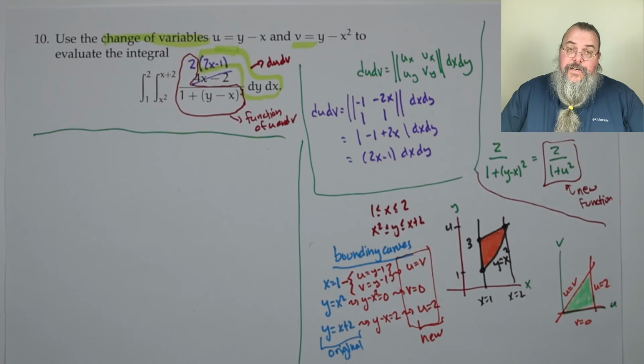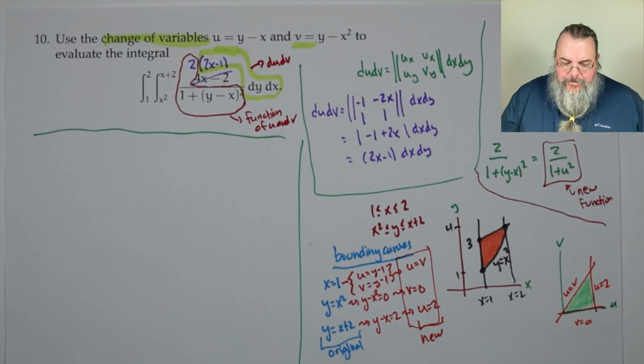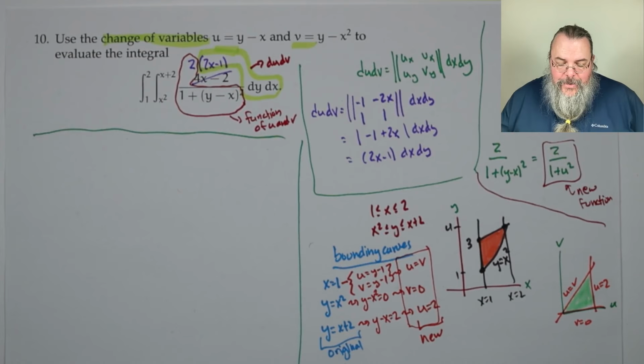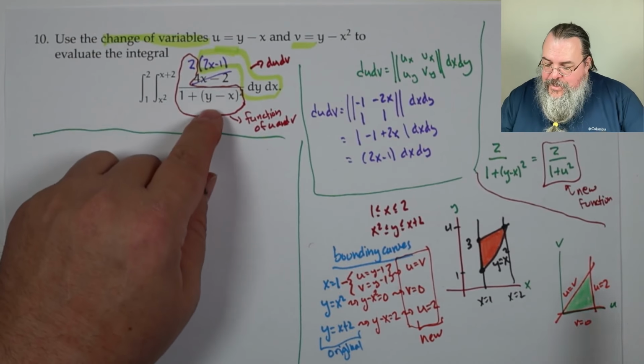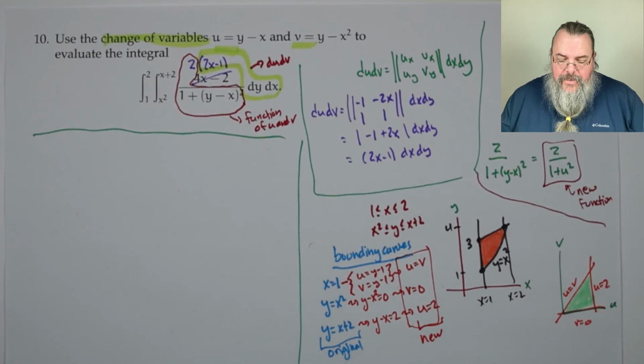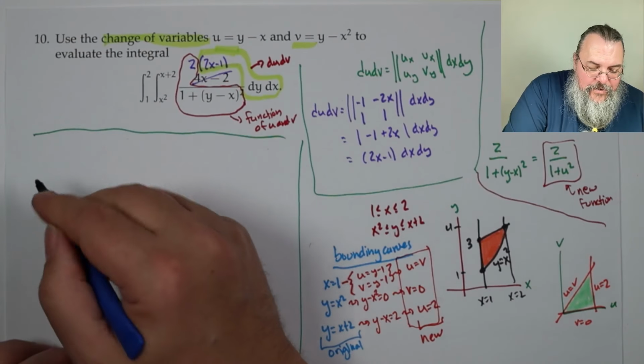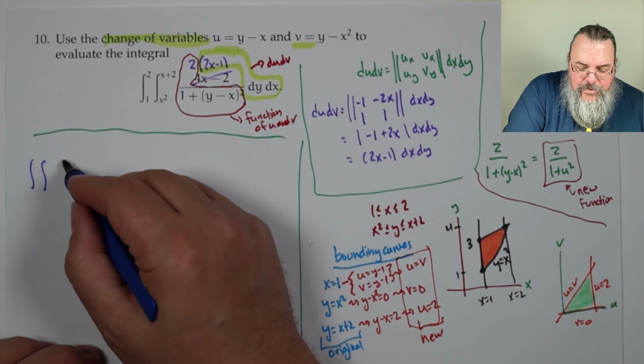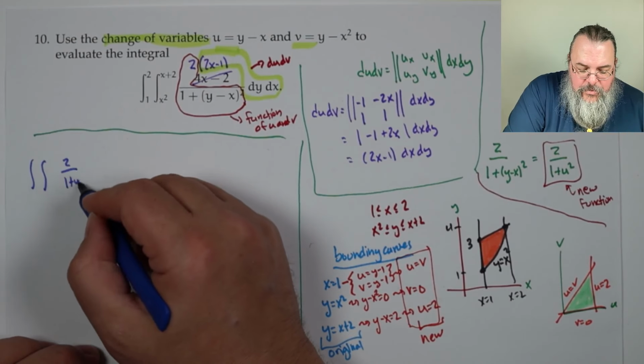So here we go. We are now going to integrate this. Our new function is 2 over 1 plus u squared. So we're going to have the integral of 2 over 1 plus u squared.